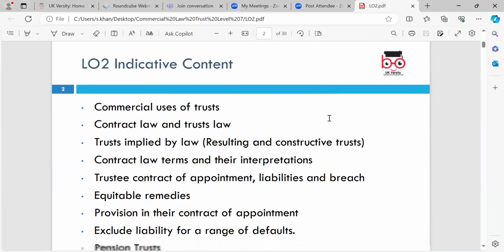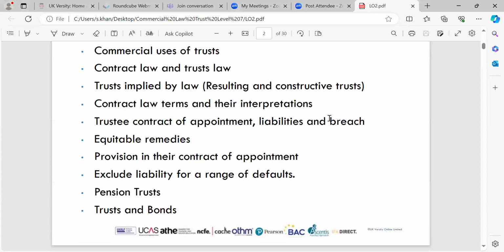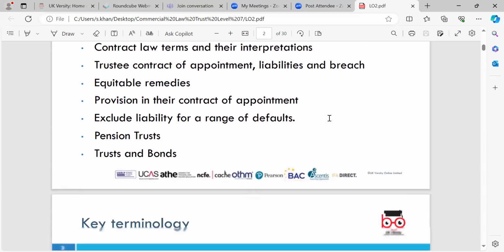So the indicative content: we'll be looking at commercial uses of trusts, contract law and trust law, trusts implied by law, so resulting and constructive trusts, contract law terms and their interpretation, trustee contract of appointment, liabilities and breach, equitable remedies. We'll be looking at provisions in the contract of appointment that exclude liability for a range of defaults. And we'll also be looking at pension trusts and trusts and bonds.